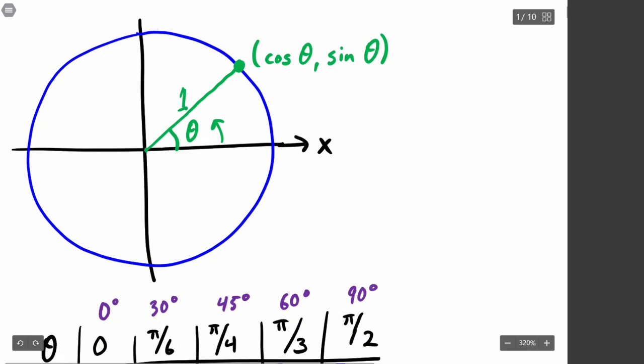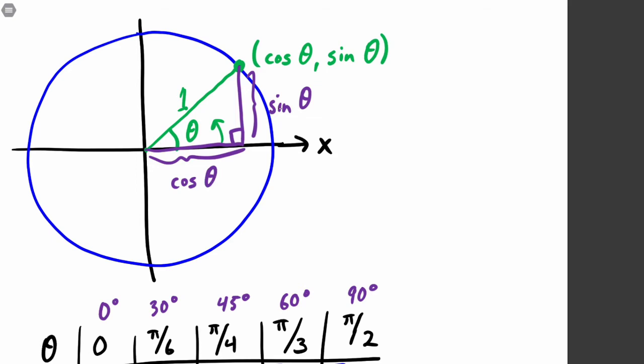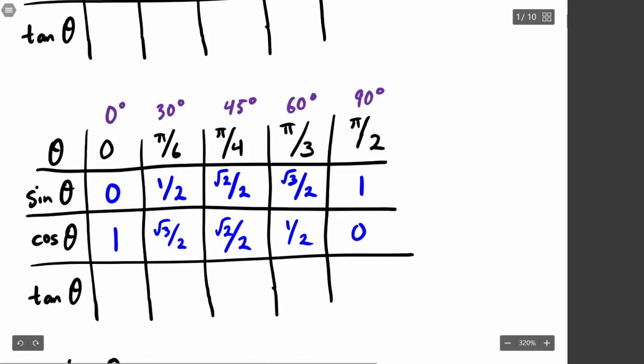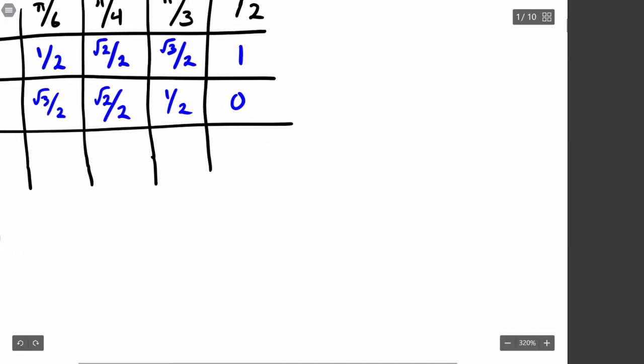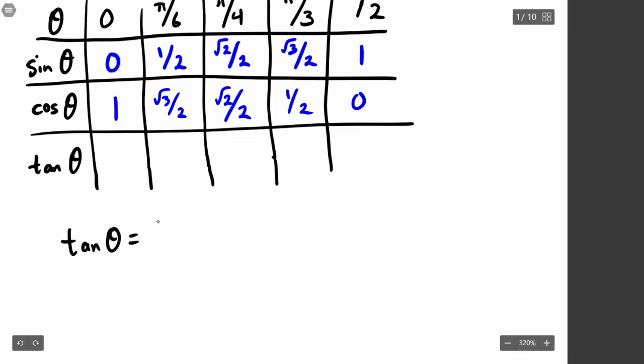So another way to look at sine and cosine, if we turn this line into a right triangle here, this length is sine theta, this length is cosine theta, and tangent is the ratio of these lengths. Right? Specifically, it's sine over cosine. Right? So now we just divide these things and we can figure it out.